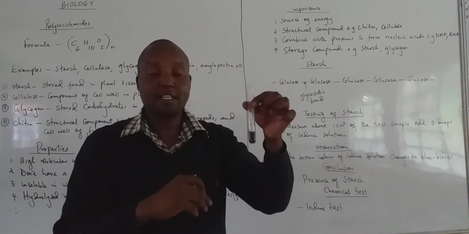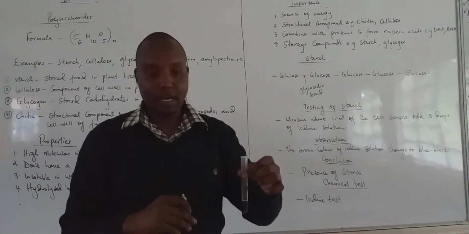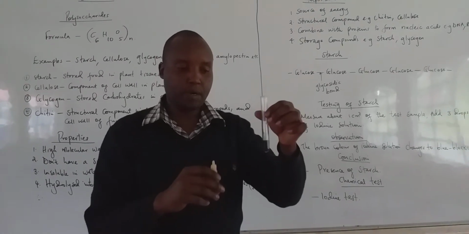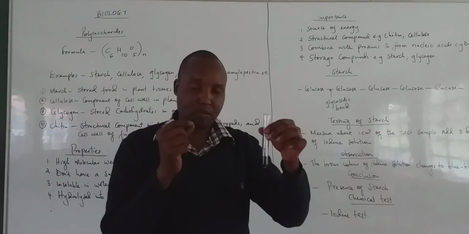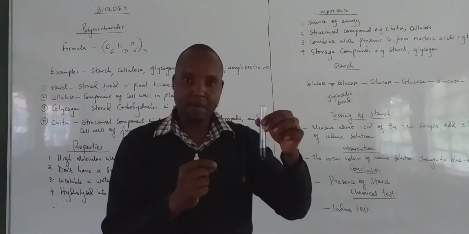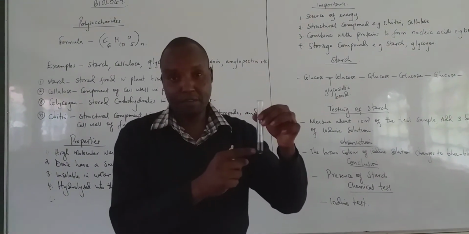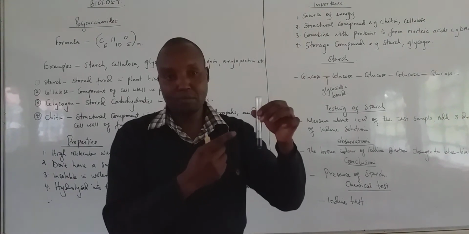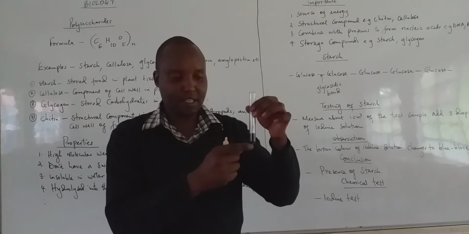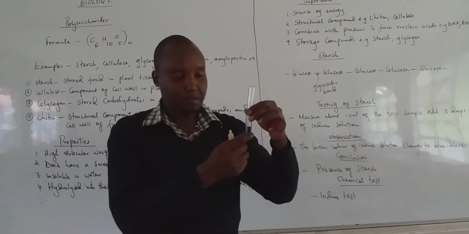Don't just say the color changes to blue-black. And in some other cases where starch is present in small quantities, you are not recommended to shake. If you shake, that blue-black color will disappear in most of the food samples. Examiners are very consistent in this.